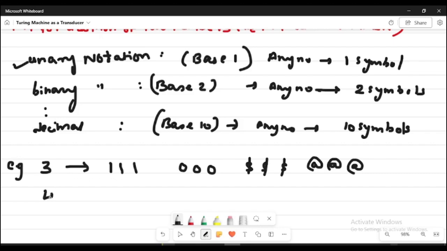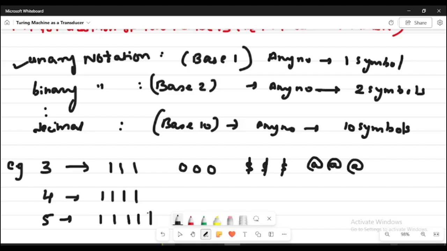If I am taking 4, then I have to repeat 1 four times: 1 2 3 4. Are you getting it? If I take 5, then I repeat 1 five times: 1 2 3 4 5. This is how you represent any number using unary notation.